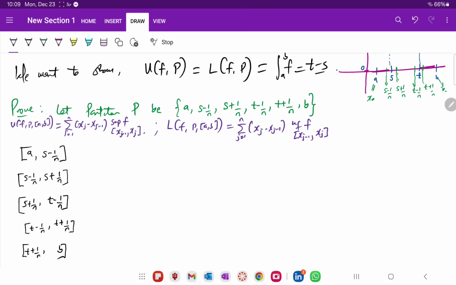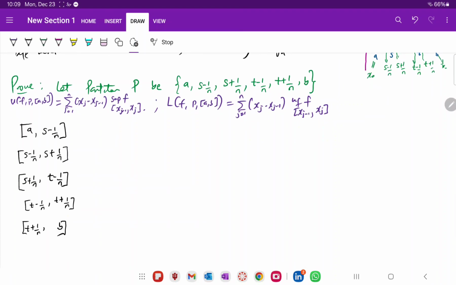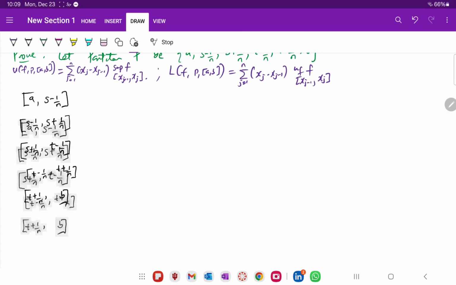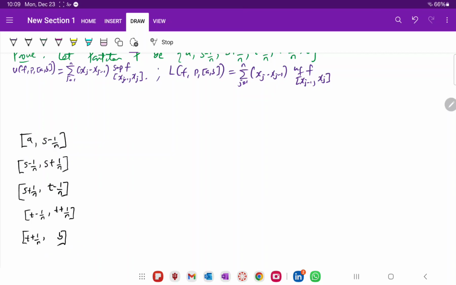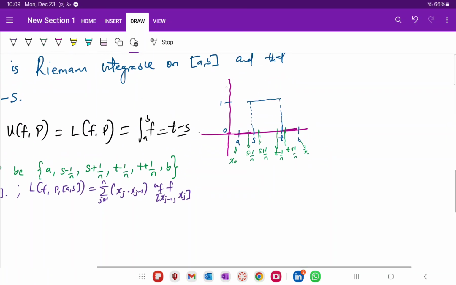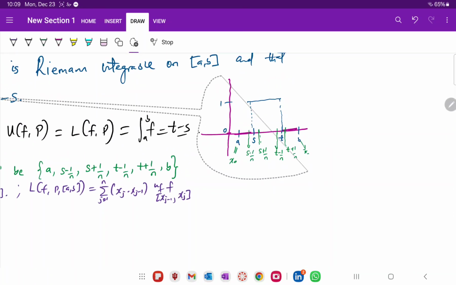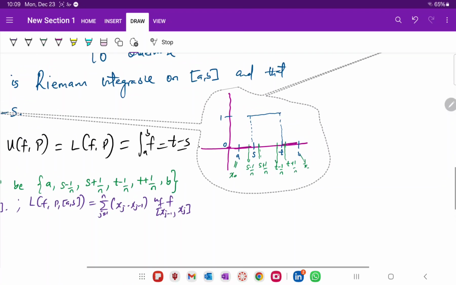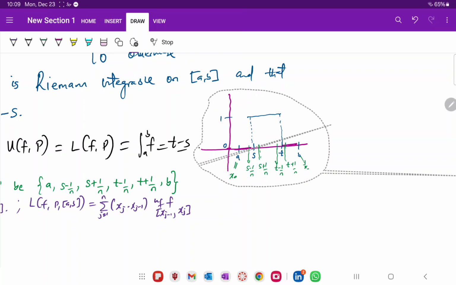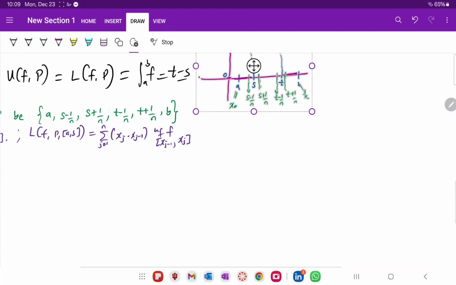Okay, so if you check on this interval, let me drag this a little bit downward, and let me pull this graph a little bit down.